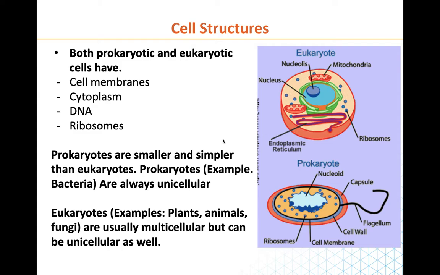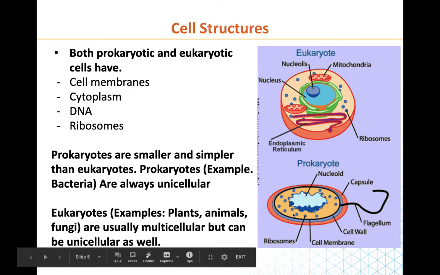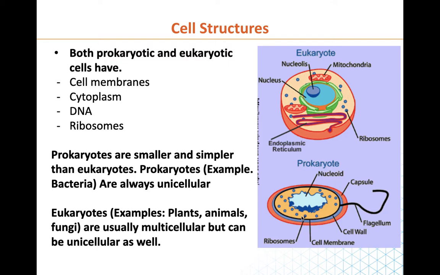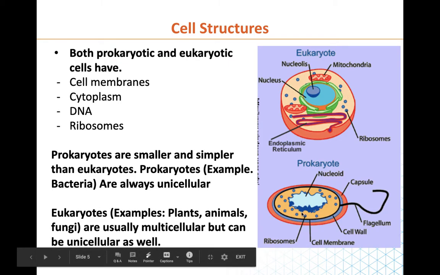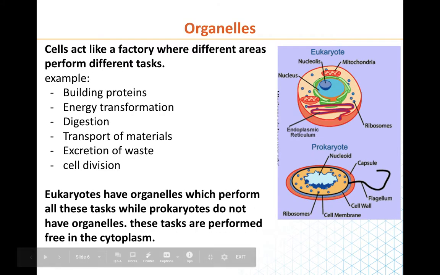The last structure that is found in all cells, aside from the cell membrane, cytoplasm, and DNA, are structures called ribosomes. See these little blue dots? You will find these in every type of cell you look at, and that's because they build proteins. They have an extremely important job, and without ribosomes, cells could not do most of the things that they're supposed to be able to do.